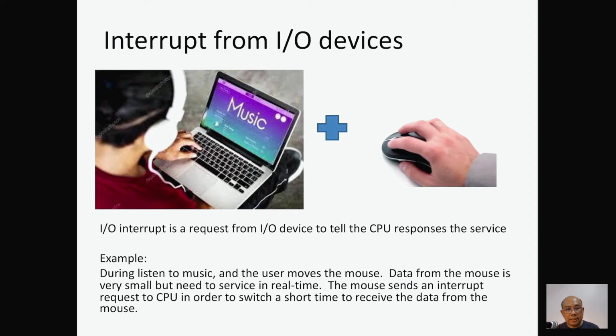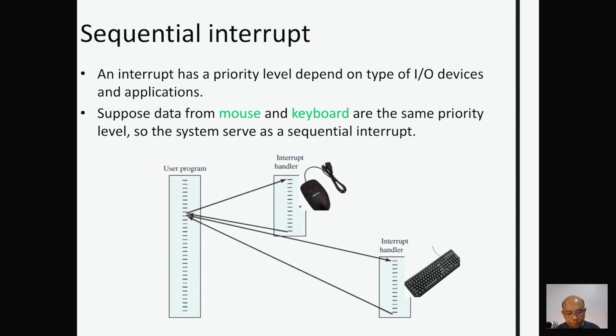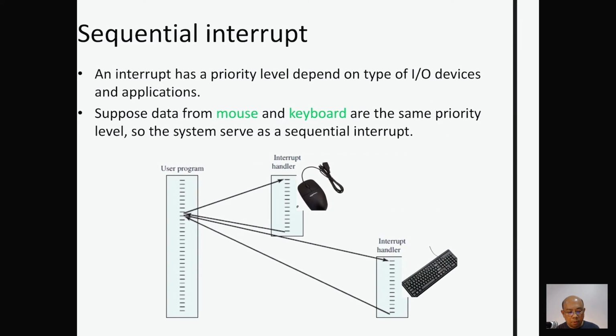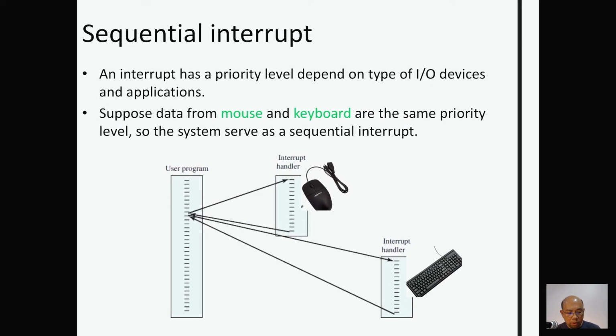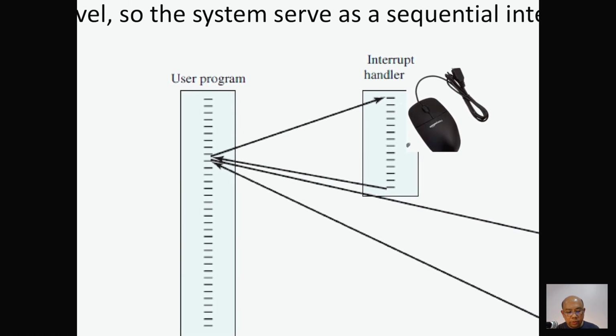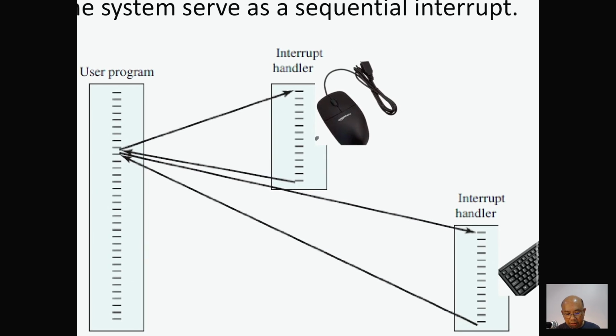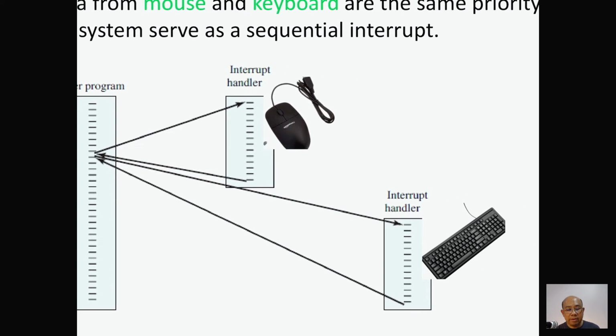The operating system switches from the main program, maybe the music program, to service the mouse. Like in this picture, while the computer runs the main program, the user moves the mouse and types on the keyboard immediately. The computer switches to service the mouse and keyboard.